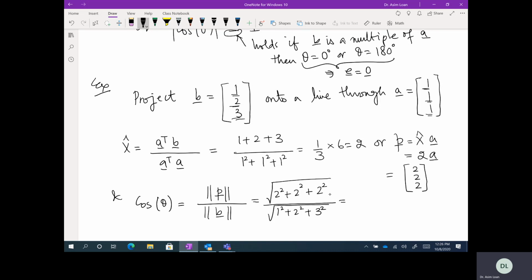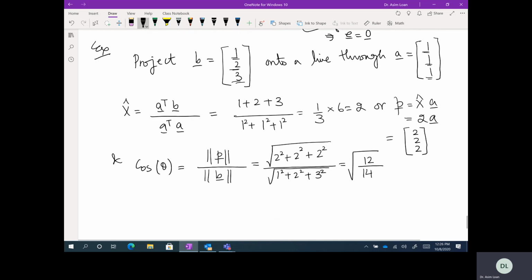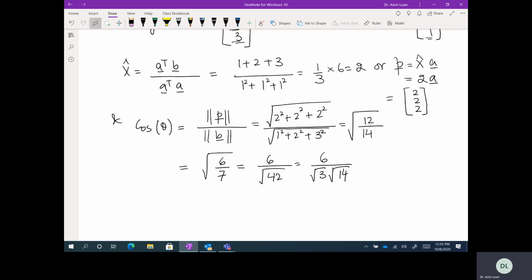So this is the square root of 12 over the square root of 14, which is 6 over the square root of 42, which I can write as 6 over square root 3 times square root 14. So this is how you can find the angle between the two.